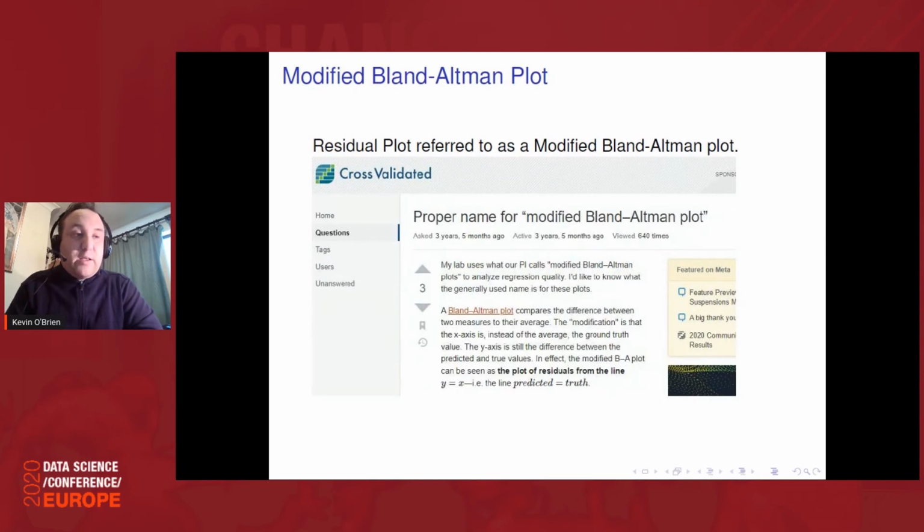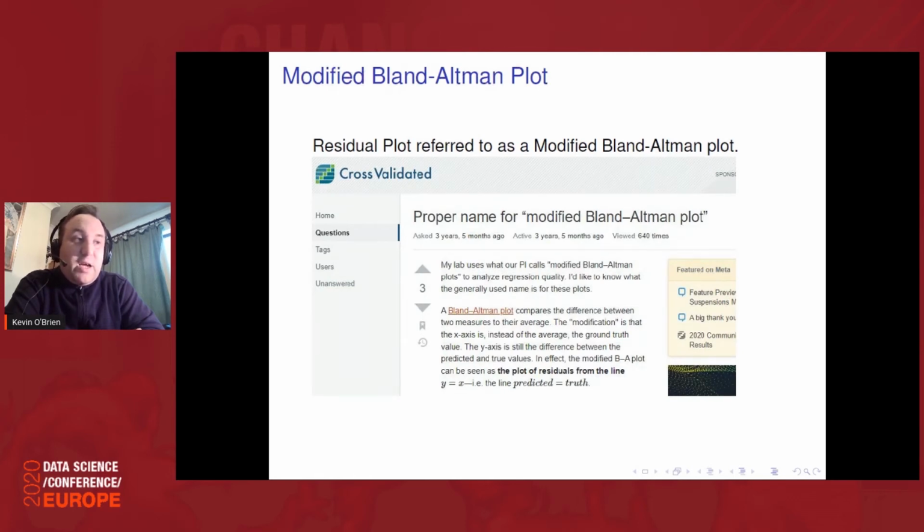That's just a quick remark there, just something I'm going to pass on for another time. But I noticed that somebody on Cross Validated was talking about residual plots as if they were modified Bland-Altman plots, which is telling in a way, that they did not know the name of a residual plot, but they did know of a Bland-Altman plot, and they just called a residual plot the modified Bland-Altman plot.